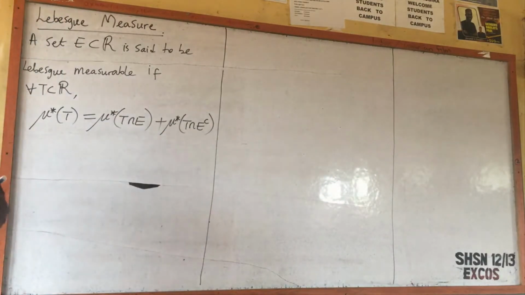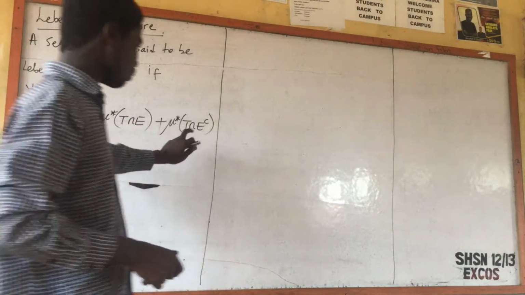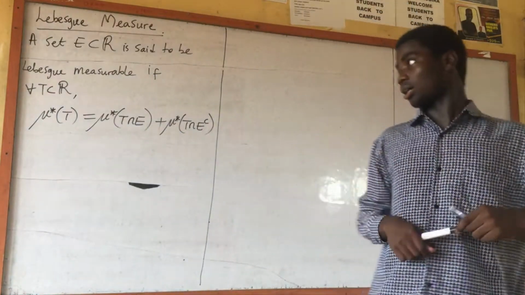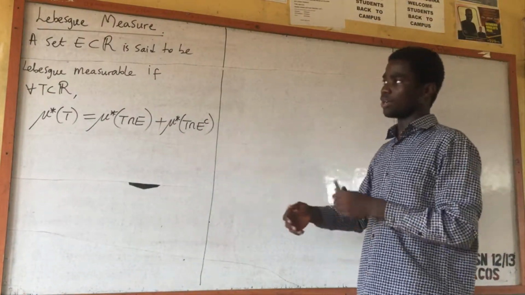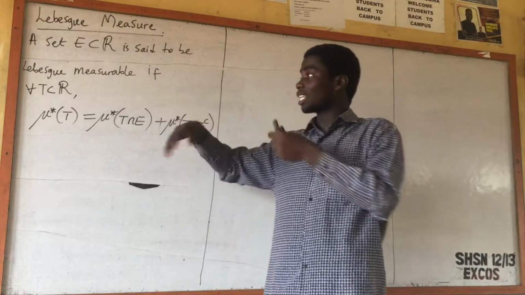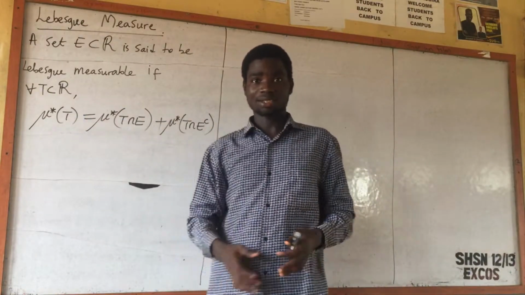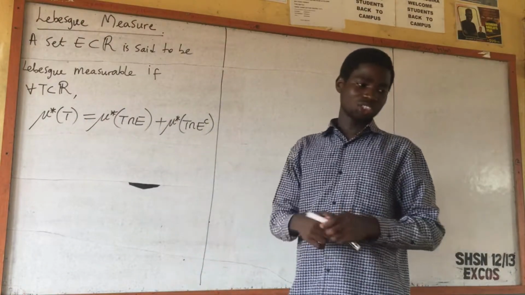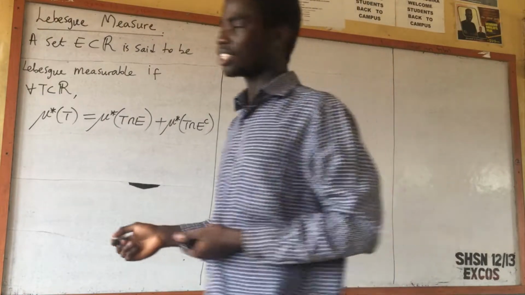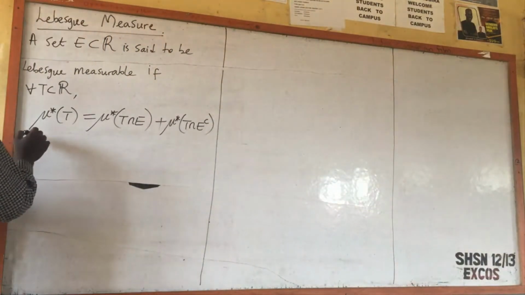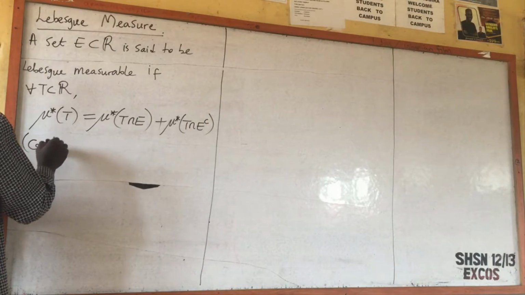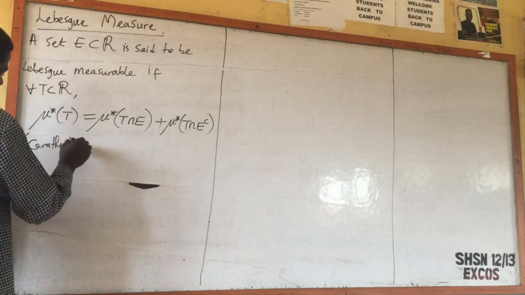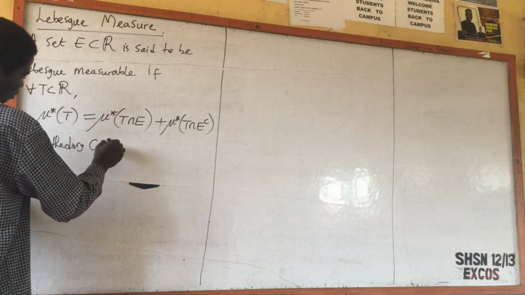So, if this is satisfied, then we say that the set E is Lebesgue measurable, or E is a measurable set. This condition is called the Caratheodory condition.